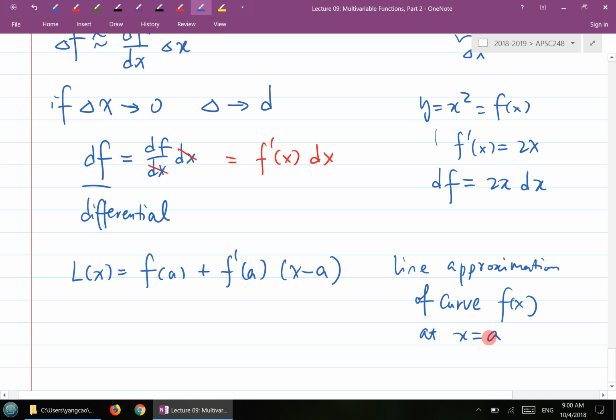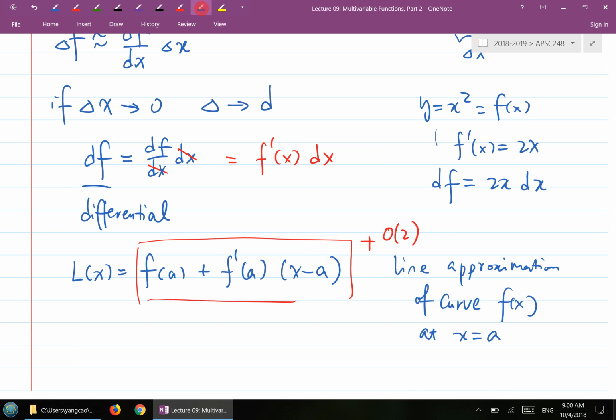Now, the line approximation of the curve equation, if you recall, is essentially the first two terms of the Taylor series expansion for the function f of x. If you take only the first two terms, neglecting all the higher terms, you get this line equation, the approximation of the function f of x here.